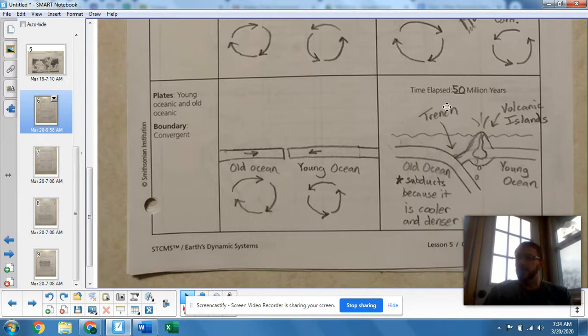Okay. So we still form a trench because we have one plate sliding under another. That forms a really deep part in the ocean. The one that goes under also melts, and we form volcanic islands. So the Aleutian Islands that come off of Alaska, that whole little arc that goes off of it, that's all created because one ocean plate is sliding under another oceanic plate.